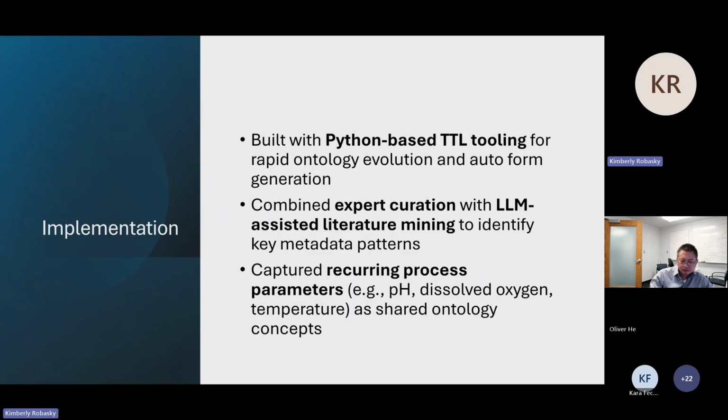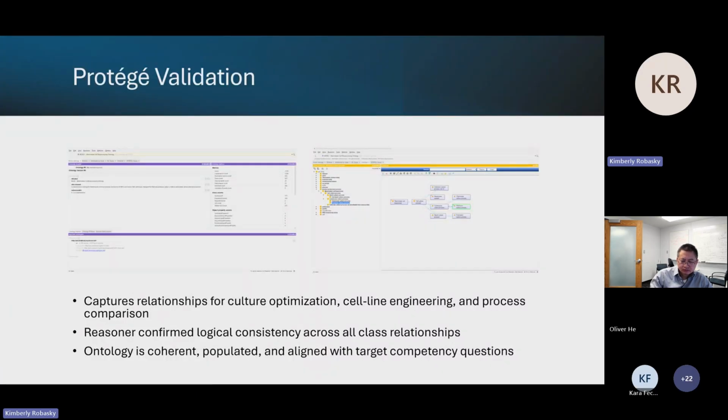We validated the MICBO ontology in Protege using both the structural view and HermiT Reasoner to ensure internal consistency. And the ontology successfully materializes expected inferences, particularly across the cell culture process hierarchy and associated measurement classes.